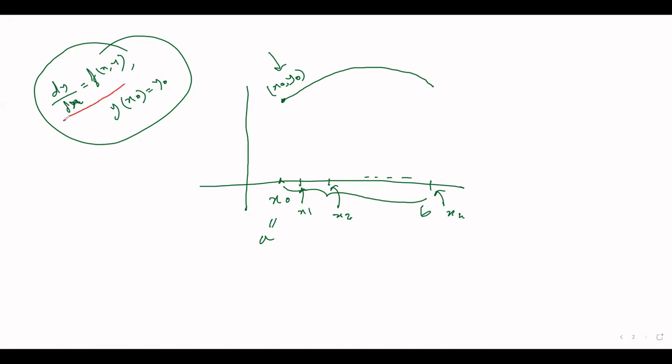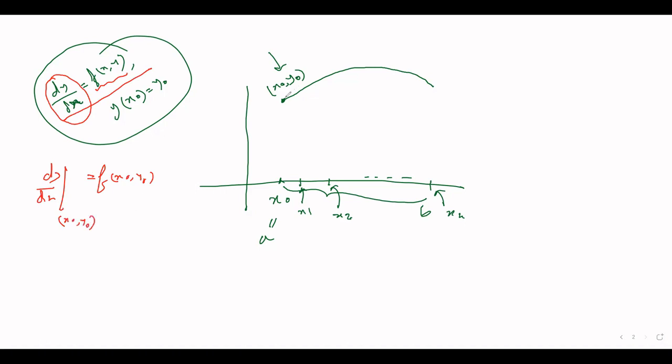Actually, look closely at this expression. This equation represents the slope of the function at any point, right? The right-hand side is a function that will give us the slope of the function at some point x, y. So why don't we find the slope at x0 comma y0? We can manage that, right?